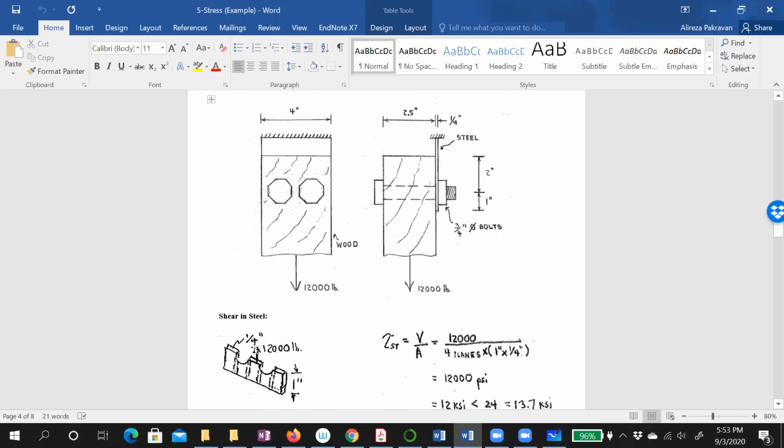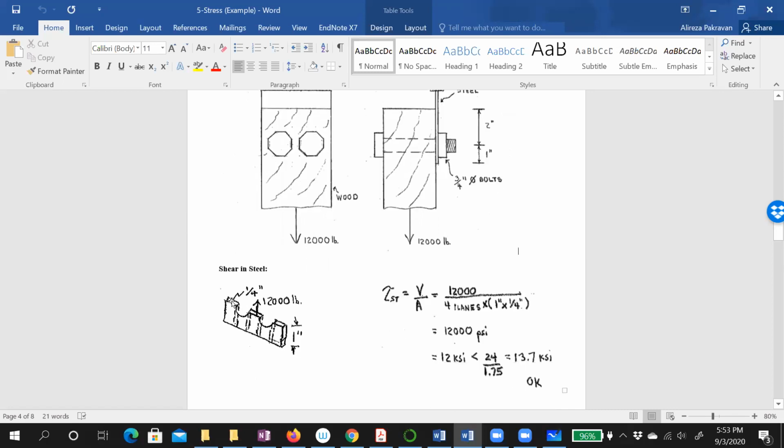Then once we have a force here, this section is very critical. So we have 4 sections that play the role of the shear area, right? So 1 inch times 1/4 inch, right? Look at this rectangular piece here: 1 rectangular, 2nd one, 3rd, 4th.